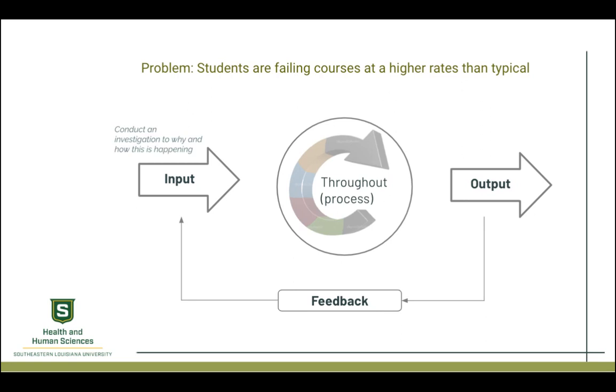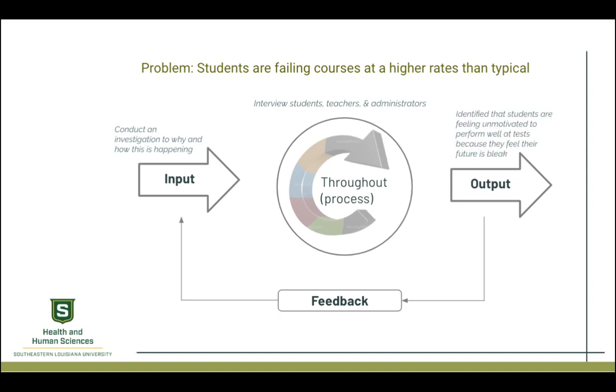The input here would be conducting an investigation to discover the why and how this failing is happening and where it could be coming from. The throughput process would be to interview students, interview teachers, interview administrators.